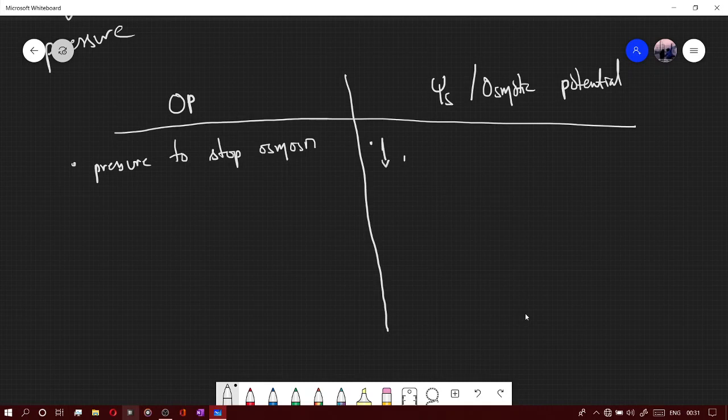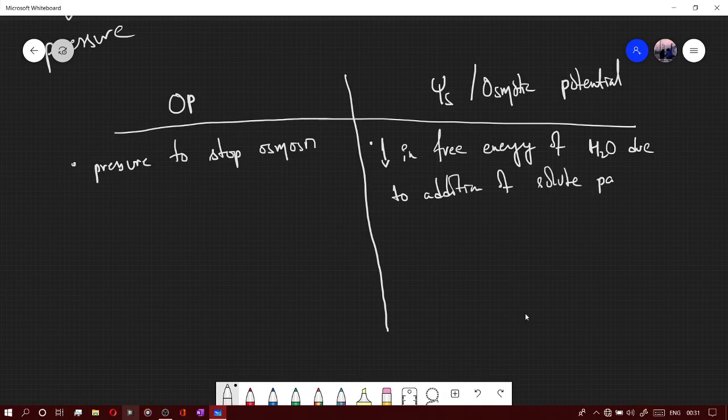And this is the decrease in free energy of water due to the addition of solute particles. If you have any questions, please just leave this part. It is not worth that much attention, but these are extra edge topics that they might ask once in a blue moon.